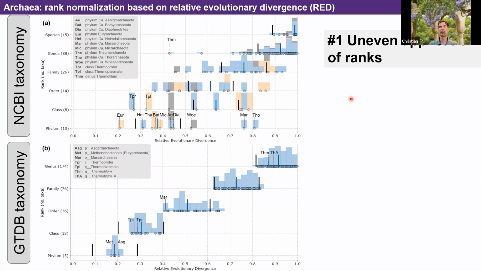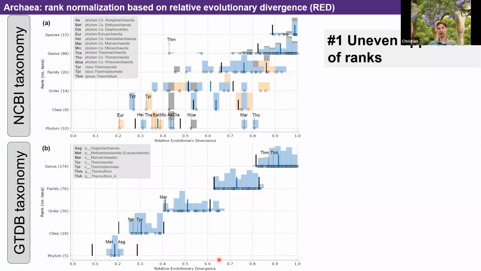After we implemented the rank normalization, split up polyphyletic groups, and corrected rank assignments, what we have here are distinct RED intervals for each rank: phylum, class, order, family, and genus.